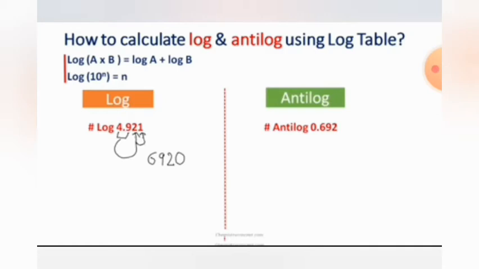The value is 6920, and the last number is 1. Therefore, the value of 1 will be taken from the mean difference column. The mean difference column is the last column.